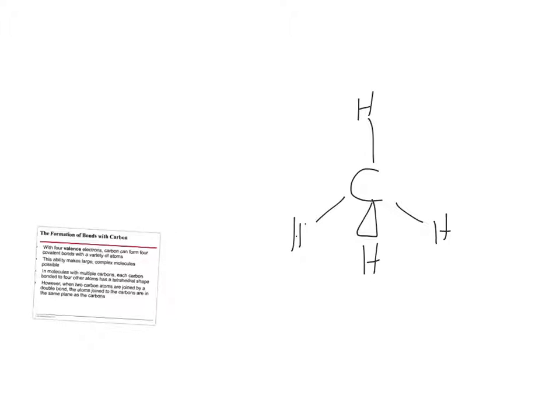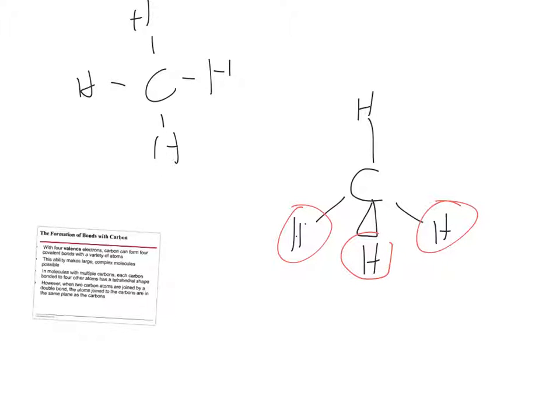Why is it this tetrahedral shape, and not the way I drew it before? Because they're three-dimensional, and hydrogens take up space. You have to assume that all of these atoms have to have their own space.